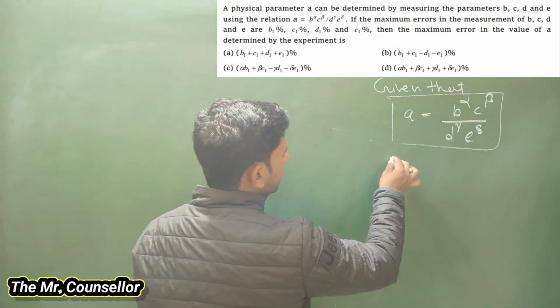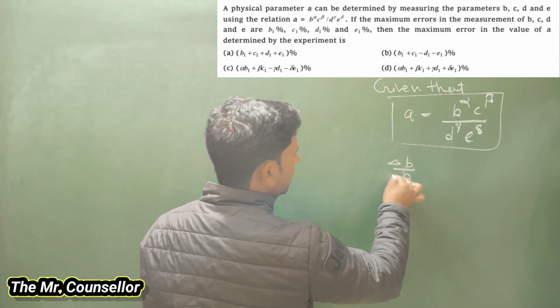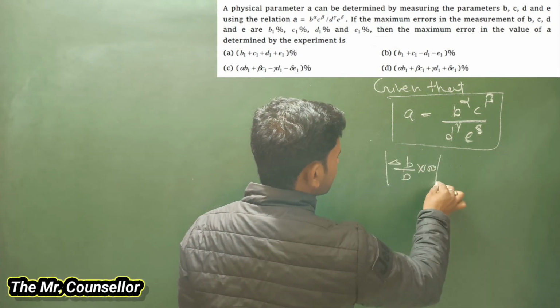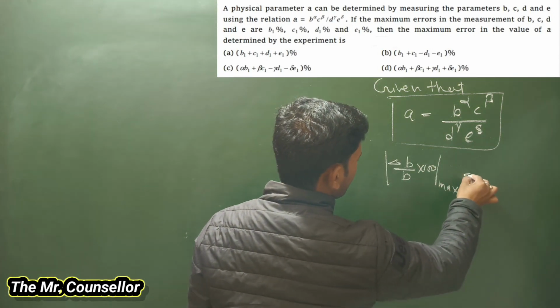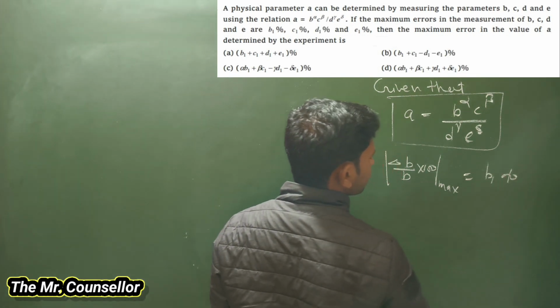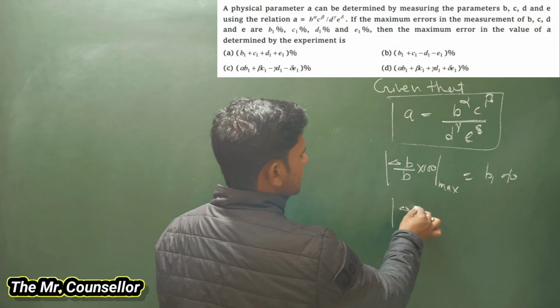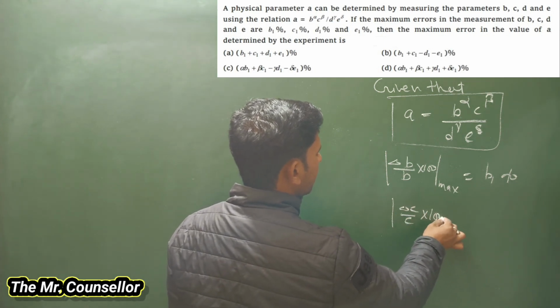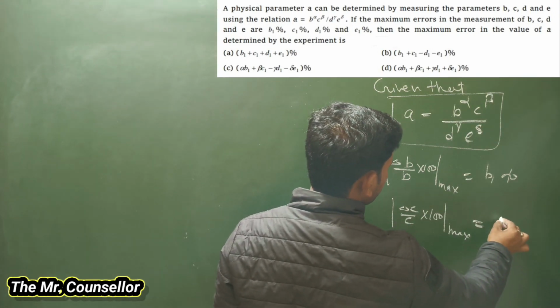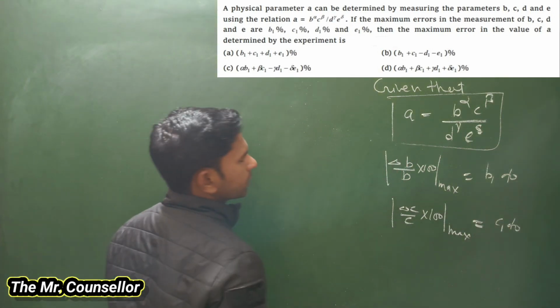So what is given here? Del b over b multiplied by 100. This is the maximum percentage error, so I'm writing it like this, and it is given as b1%. Similarly, del c over c multiplied by 100, maximum, is given as c1%.